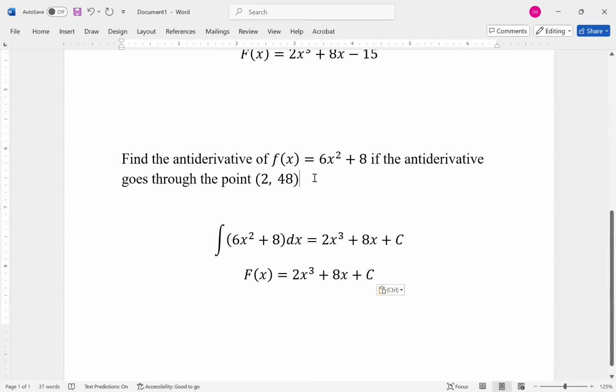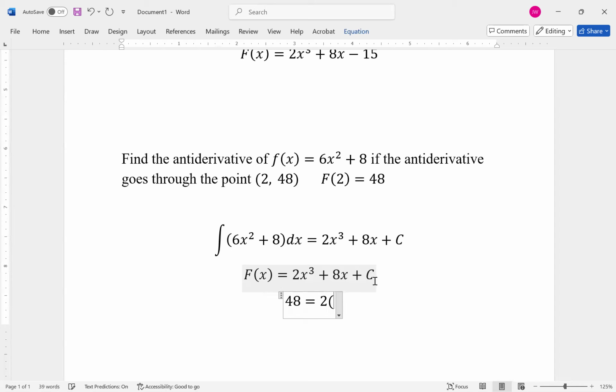Well, again, if the antiderivative is capital F of x equals 2x to the third plus 8x plus c, I know that capital F of 2 has to give me out 48. And so 48 is what I get when I plug in 2.